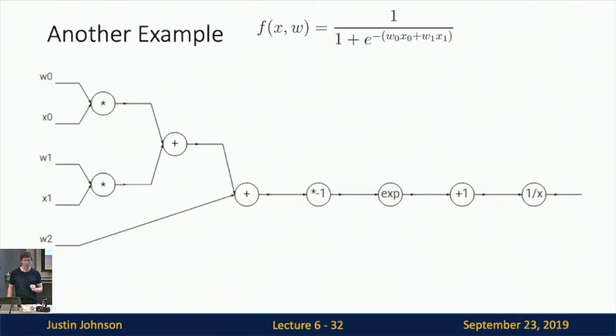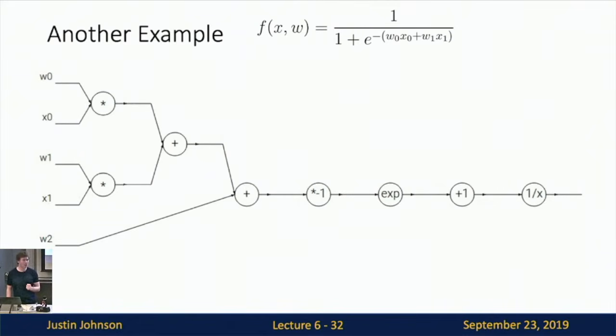On the left, we've got a function that takes 5 inputs: w0, x0, w1, x1, w2. In the forward pass, we're going to compute the inner product between the first two elements of the weights and the first two elements of x. Then we add the bias term w2. And then we compute e to the minus something in this computational graph.